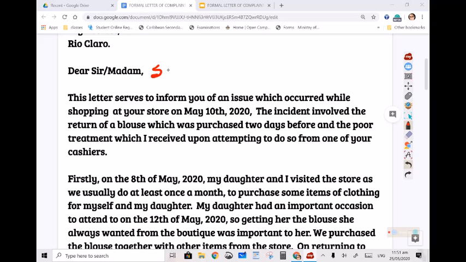So this would be our salutation: Dear Sir or Madam. Again, if you know the person's name, then you can also write it properly: Dear Mr., Mrs., or Miss, whoever. Okay? If you do not know the person's name, then you write Dear Sir or Madam.